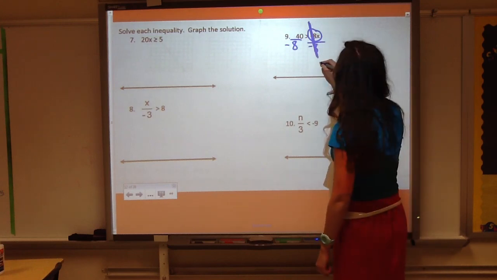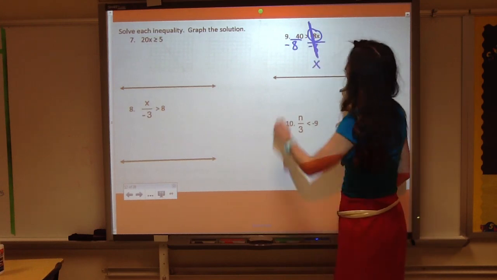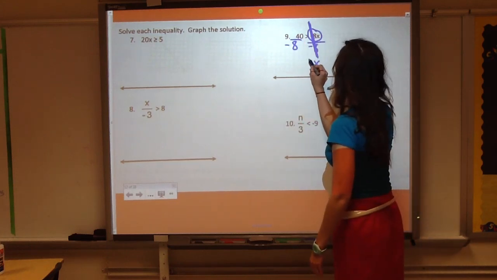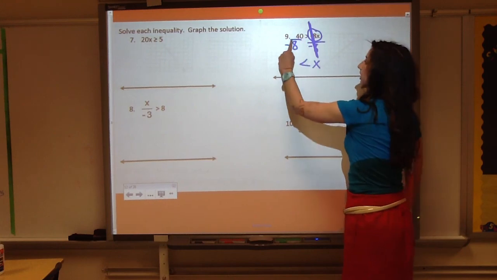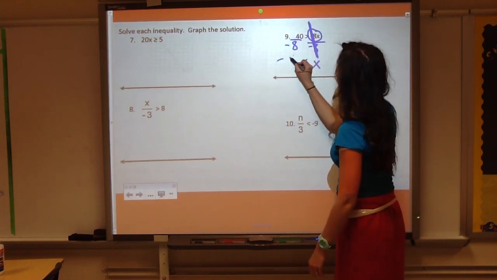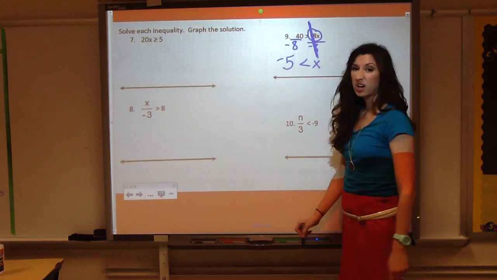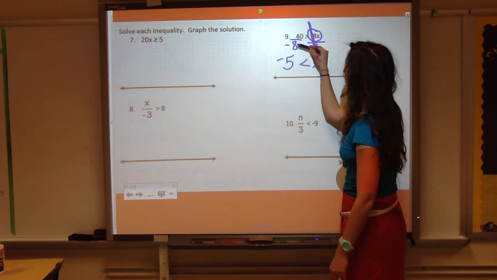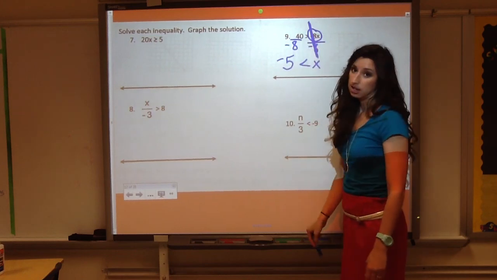That means I am left with an x. And what am I doing to this sign? Boop. Flip it. 40 divided by negative 8 is negative 5. How did I get negative? Because positive divided by negative leaves a negative.